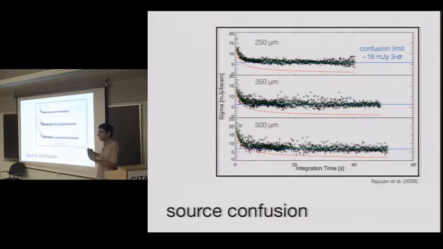As you integrate longer, you expect the noise in the map to go down. That's this red line here. As you integrate longer, the noise in the map, the RMS of the map goes down. But what happens with source confusion is you integrate longer, you asymptote to this line, this confusion limit. And that's why we call it the confusion limit.